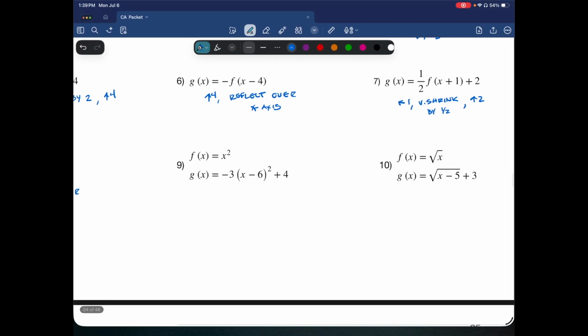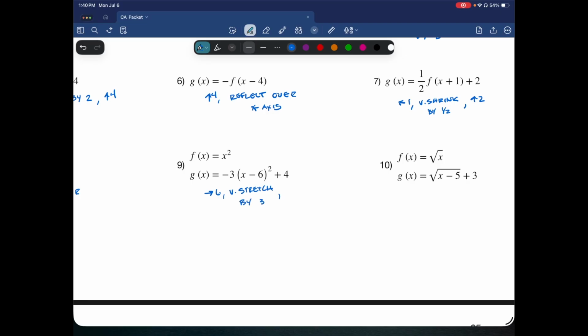On number 9, the number out front is negative, so I need to deal with the negative and the number itself. I got a minus 6 on the inside and a plus 4 on the outside. The minus 6 says I'm going right 6. The 3 says it's going to be a vertical stretch by 3.